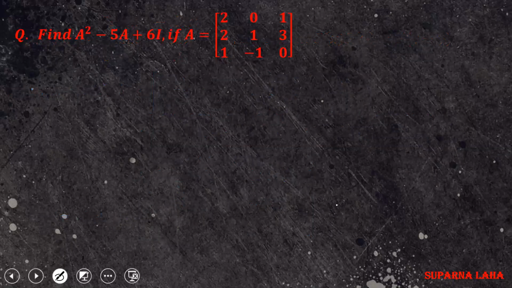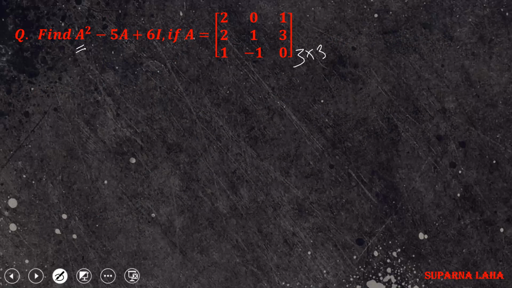Find A square minus 5A plus 6I if A is given in this 3 by 3 matrix. So a 3 by 3 matrix is given. You need to find this value, A square minus 5A plus 6I. So what is A square?